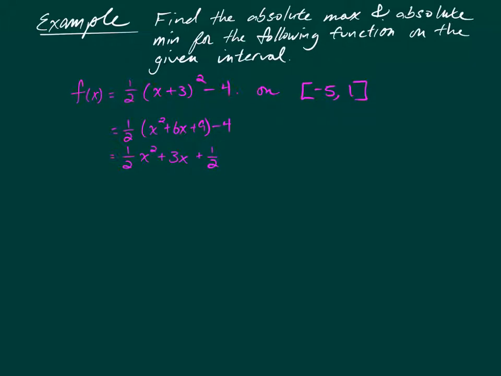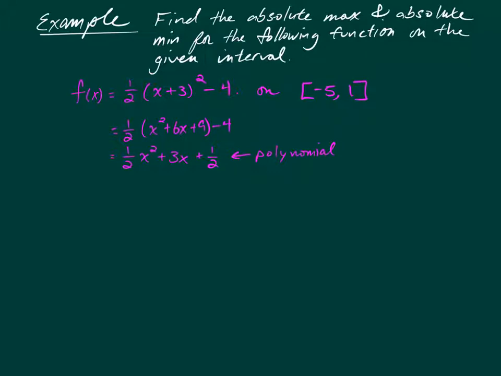This is a polynomial. And polynomials are continuous on all of the real numbers. So if a polynomial is continuous on all of the real numbers, then it is definitely continuous on this little interval right here.